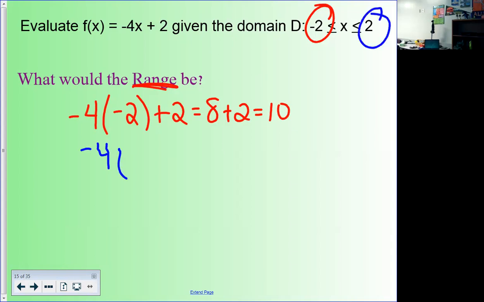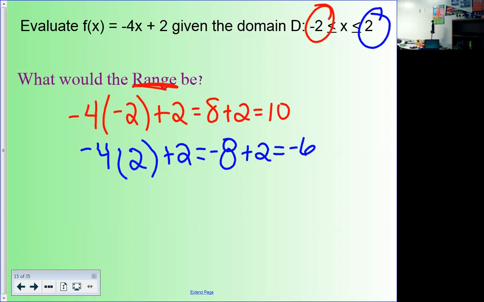I have to do both. Times 2. Oh, that one's a little wonky. Let's try this again. -4 times 2 is -8, plus 2, which equals -6. Sorry, guys, making a mistake there.